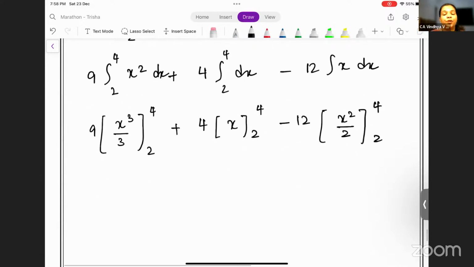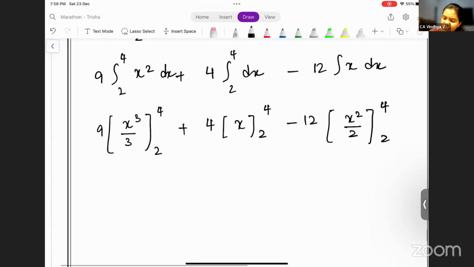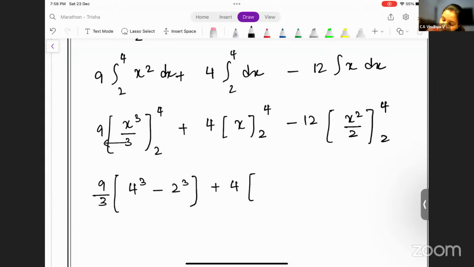Okay, now you substitute the value of x as 4 first, minus x value as 2. Take this 3 outside here. You will get 9 by 3 into 4 to the power 3 minus 2 to the power 3 plus 4 into 4 minus 2 minus 12 by 2 into 4 to the power 2 minus 2 to the power 2.